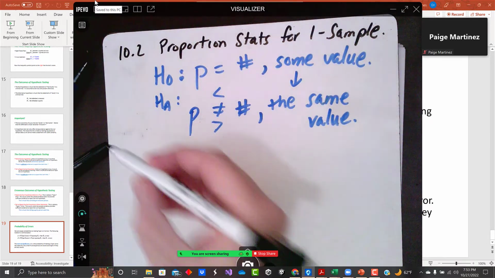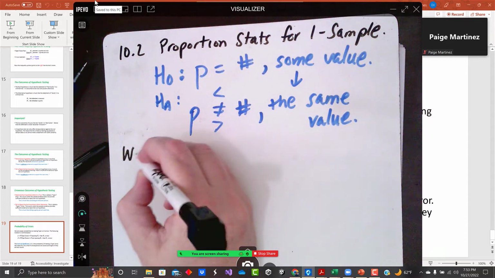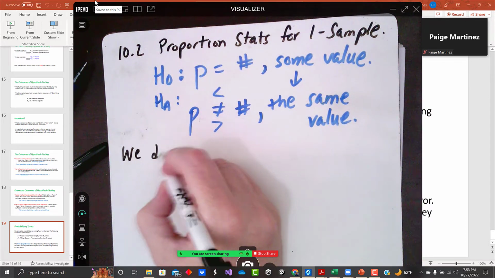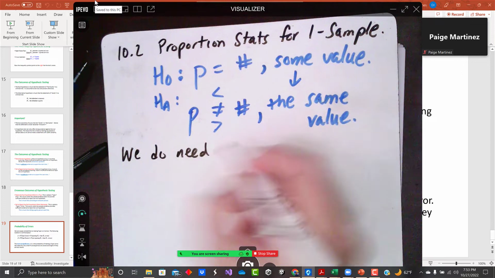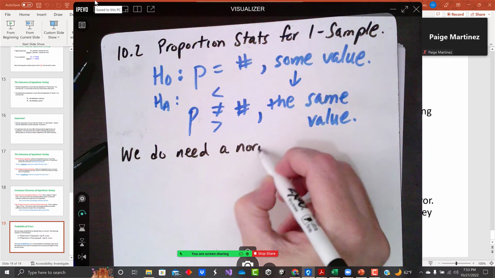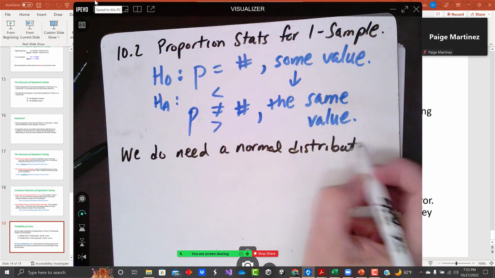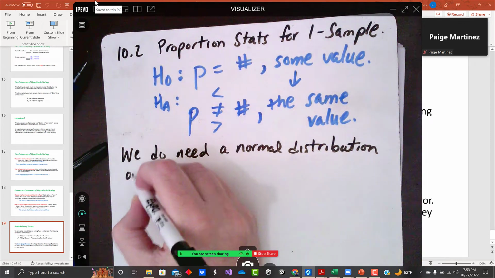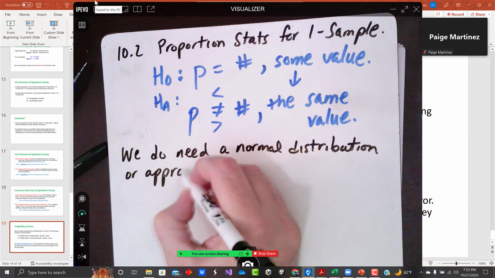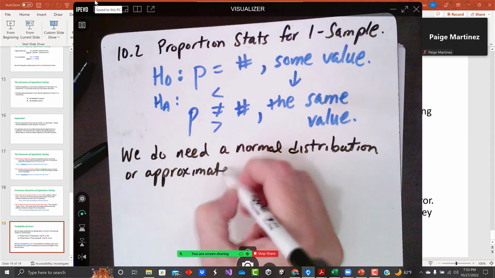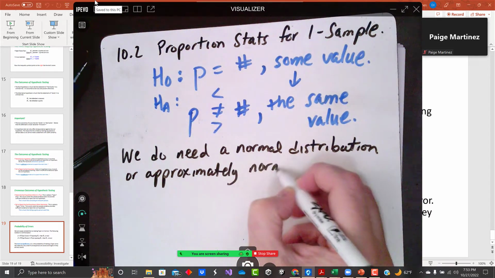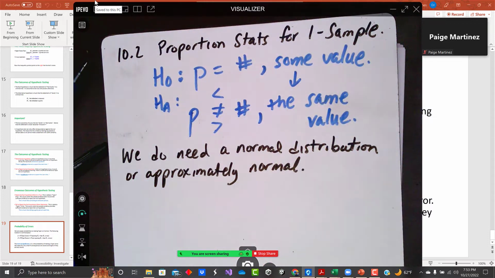And to do these tests, we do need a normal distribution, or approximately normal, just like we did with the confidence intervals.